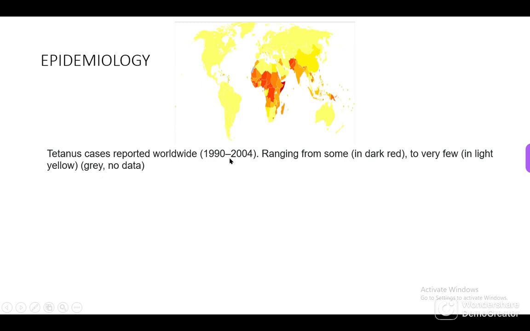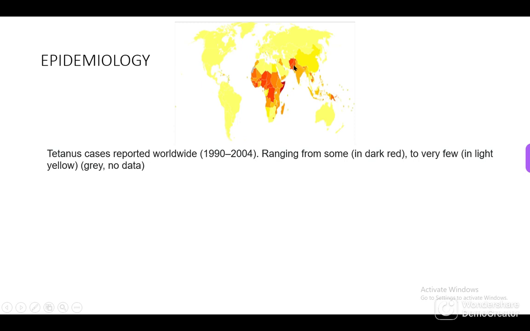The highest rates from 1990 to 2004 are in these areas. They are underdeveloped countries, or developing countries, which is the correct word, because other nations are helping them to develop. The rate is definitely higher in these areas, including Pakistan.